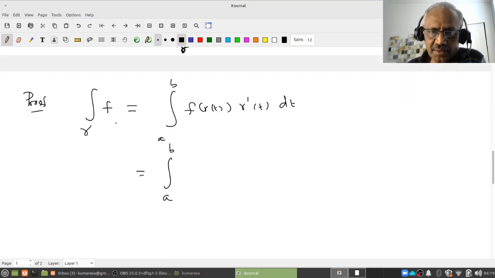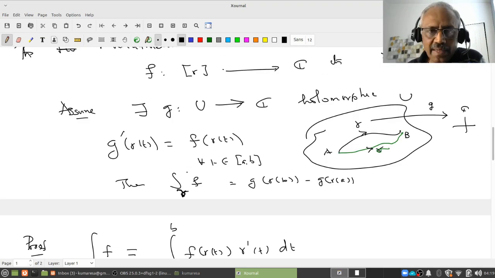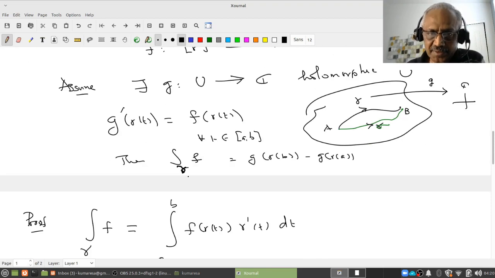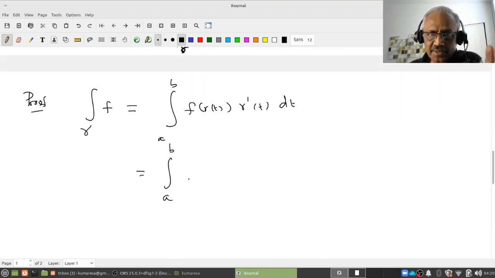This is the derivative, which is what is important. Please go back, I made a mistake in the statement. Earlier I said it correctly when I wrote there is a holomorphic function, so that f is the derivative of the holomorphic function, right? The fundamental theorem always deals with the integral of a thing when the integrand is a derivative. Keep that in mind. Therefore this is g prime of gamma t times gamma prime t dt, right?